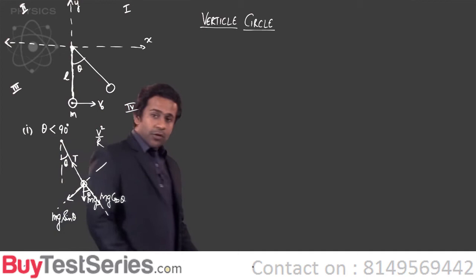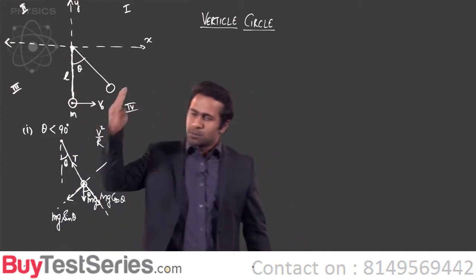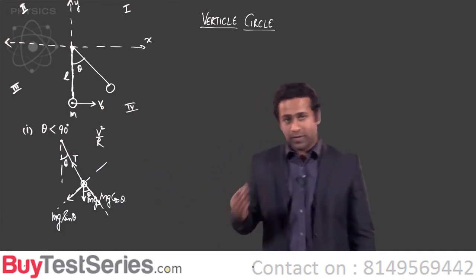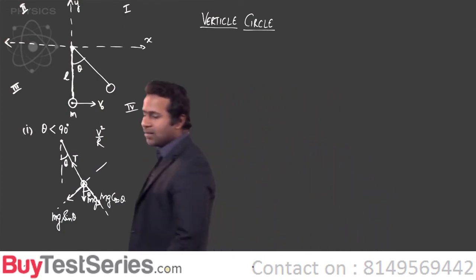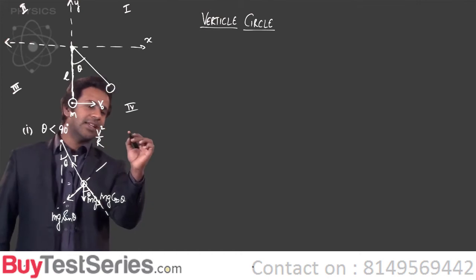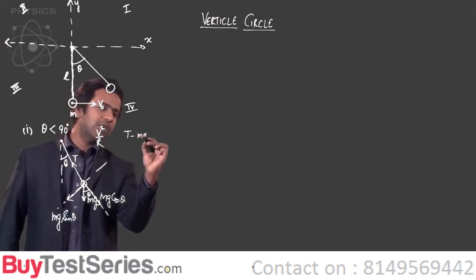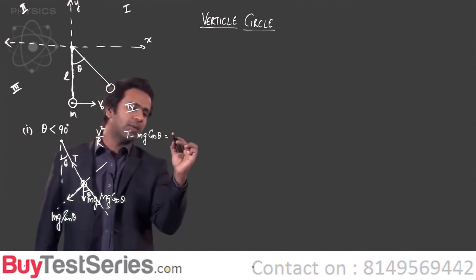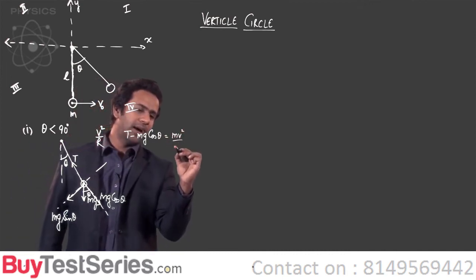Right? So for these oscillations, for small oscillations, that is theta less than 90, the particle always stays below, and the equations look something like this: T minus mg cos theta provides the required centripetal force, which is mv square by r.